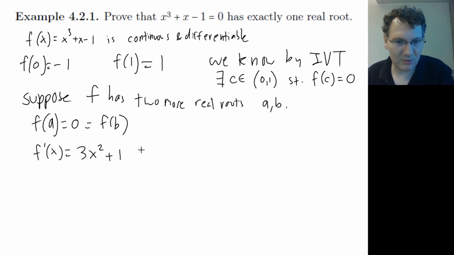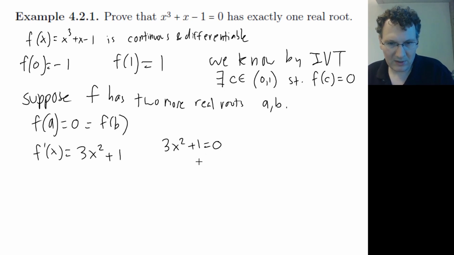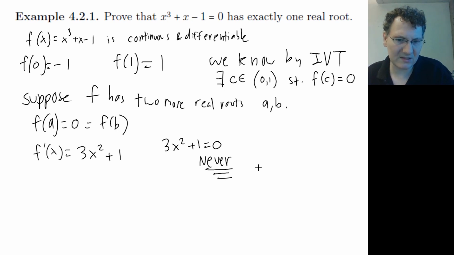If we set 3x squared plus 1 equal to 0, what we get is a problem, right? 3x squared plus 1 is never equal to 0. Why? Because 3x squared is no smaller than 0, and you add 1 to it. So this is a contradiction.